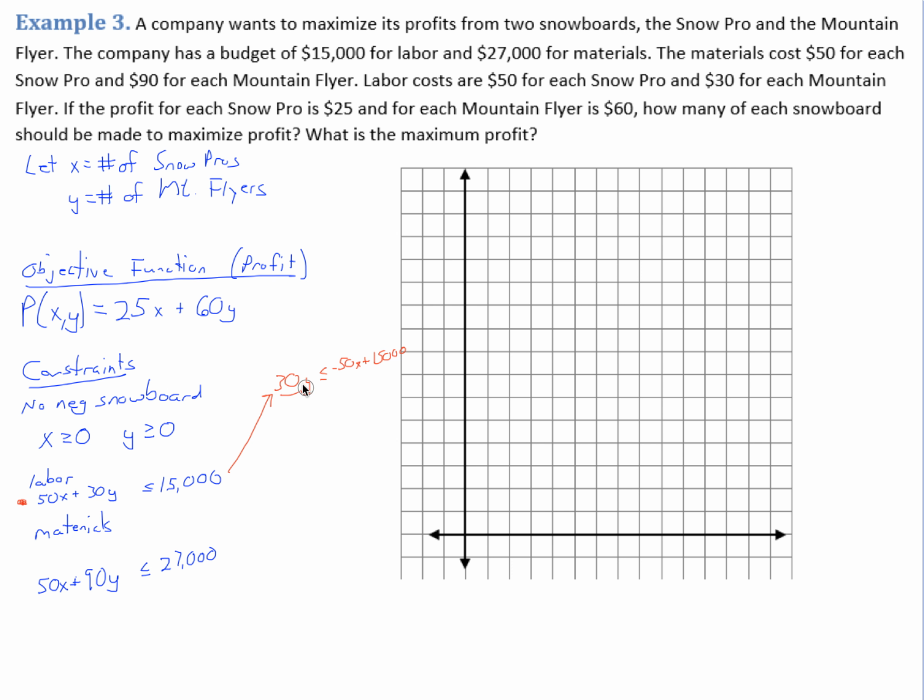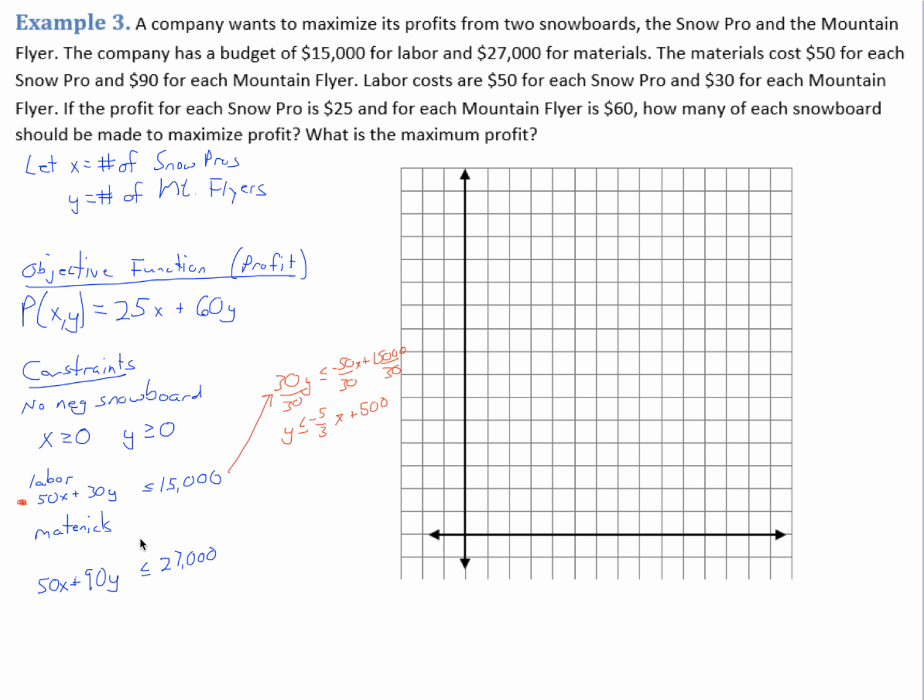And then solving, divide both sides by 30, which means we can divide each term by 30. That gives us y is less than or equal to, this reduces to negative 5/3 x. 15,000 divided by 30 is 500, so plus 500. And now we'll graph that shortly.